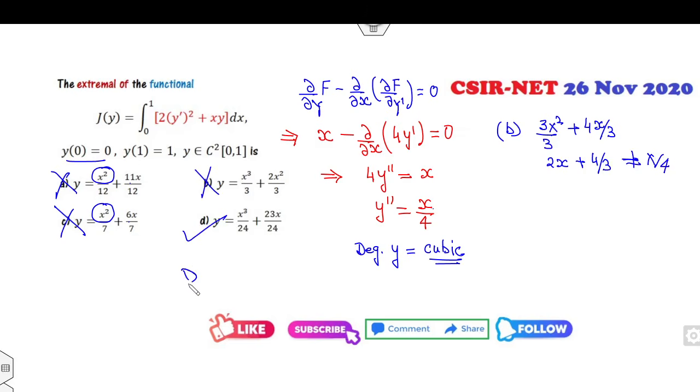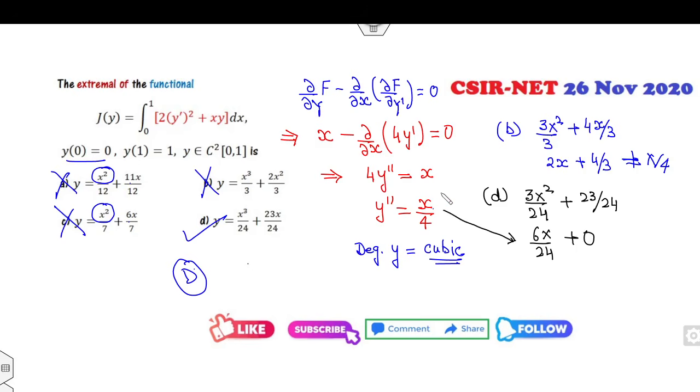The only left option is D, my right answer. I will check also for you what is the second derivative. First derivative will be 3x squared upon 24 plus 23 over 24. Second derivative will be 6x over 24 plus 0. So clearly this is x over 4. So the right answer is D.